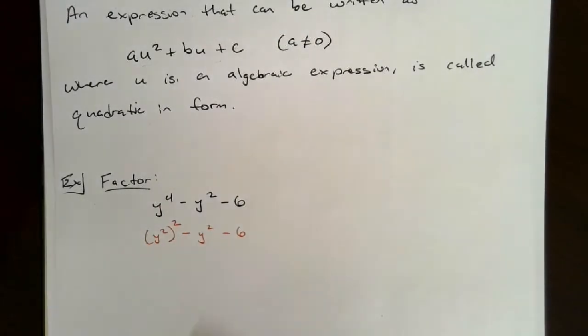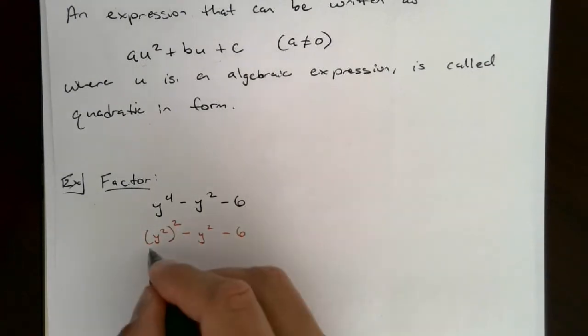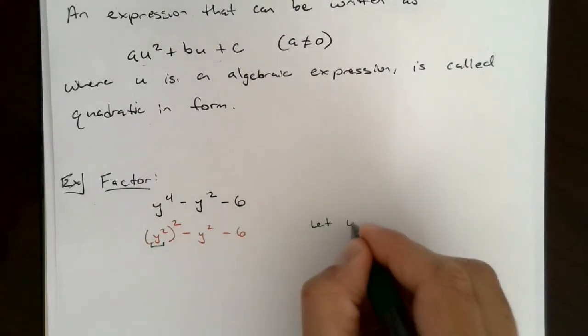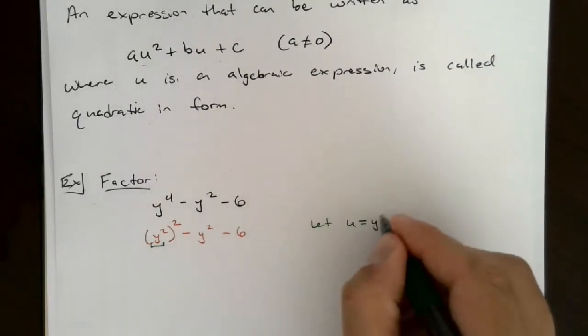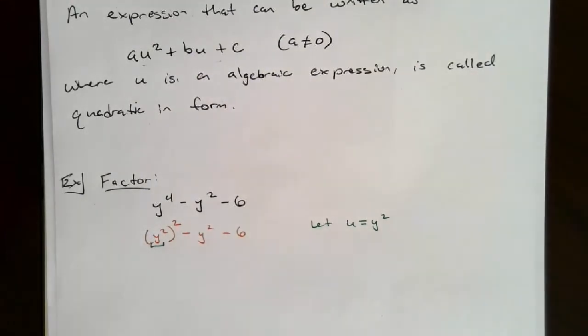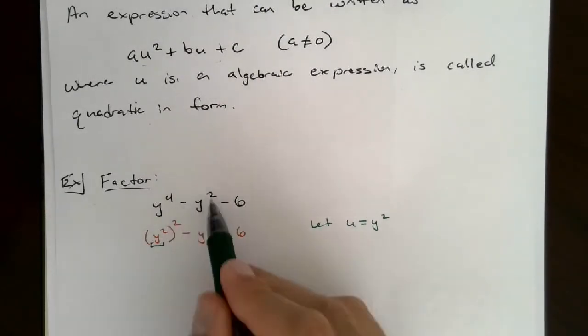And then what we do is we say, okay, now let's make a substitution, so this actually becomes u squared. Well, what do I have to replace? The y squared with u. So I'm going to say let u equal y squared. Typically the easiest way to do that is to pick that middle variable and let u equal that. So then that'll be the same value here to the second power, because remember the powers are doubled.